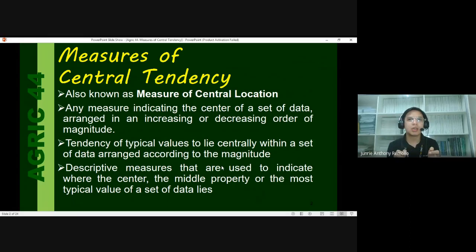A similar manner goes to our measure of central tendency, because usually the important features of a particular set of data lie near the center. And that is how important the measurement of central tendency or central location is.